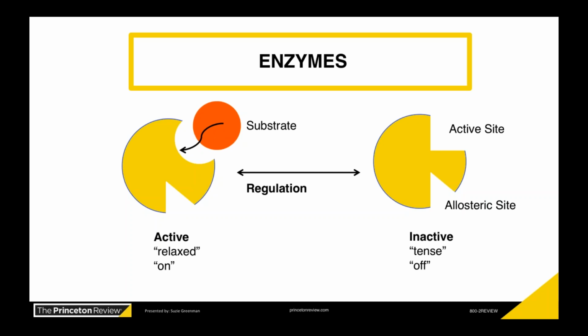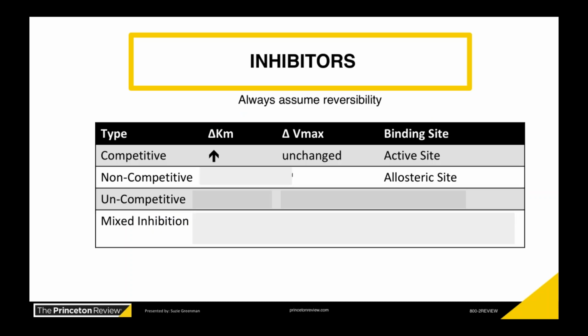So this non-competitive inhibitor basically turns off my enzyme. So if I turn off my enzyme, I'm decreasing the amount of active sites available and therefore decreasing my Vmax. But what's happening to my Km?